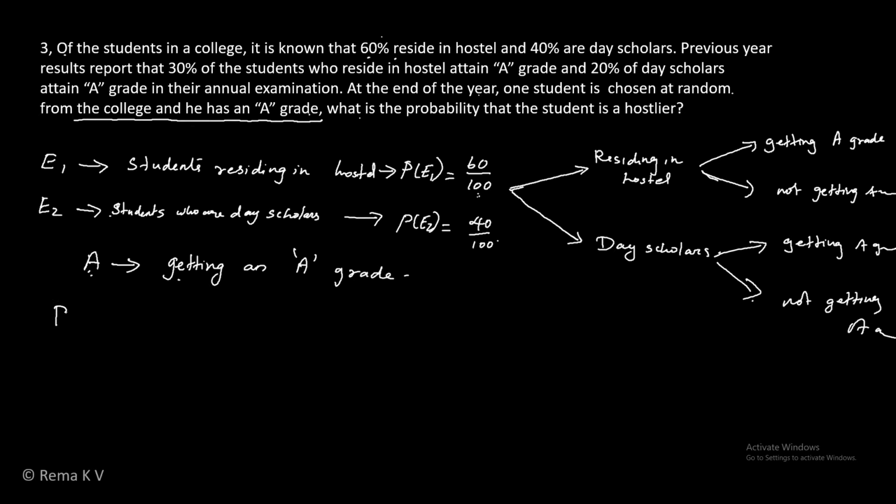Now we have to get the probability of getting an A grade when the student is residing in hostel. What is the probability? How is it 1 by 2? Read the question well.